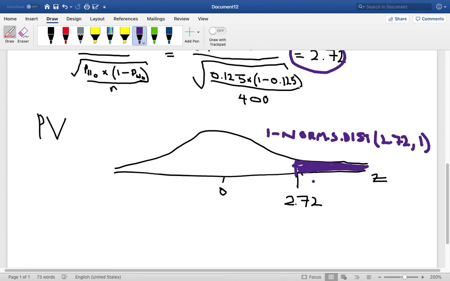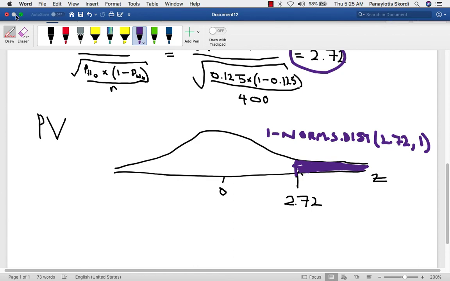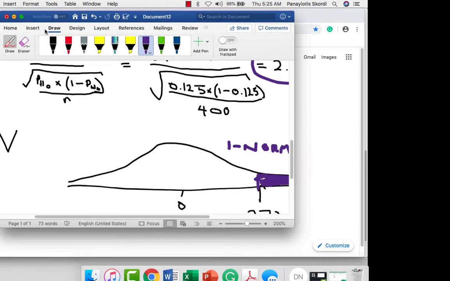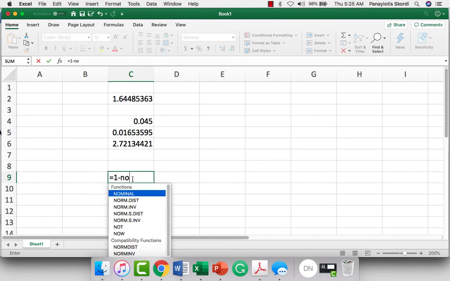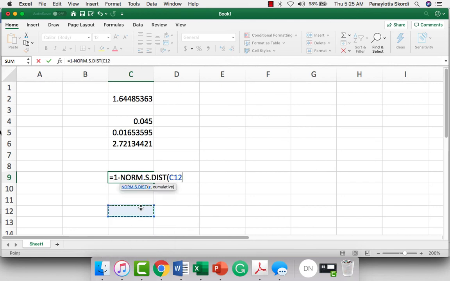Let's jump over to Excel again. So in Excel, I want to calculate 1 minus NORM.S.DIST. Where's that? Right there. And in fact, I can either put in the 2.72 or I can cell reference that, which will give me a more accurate answer.